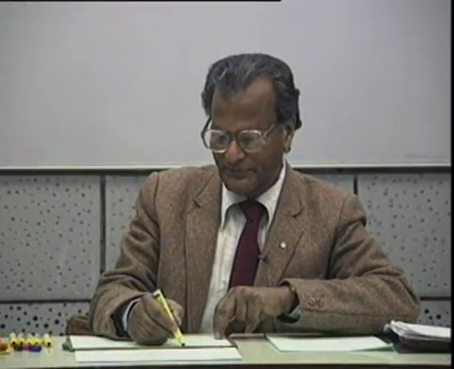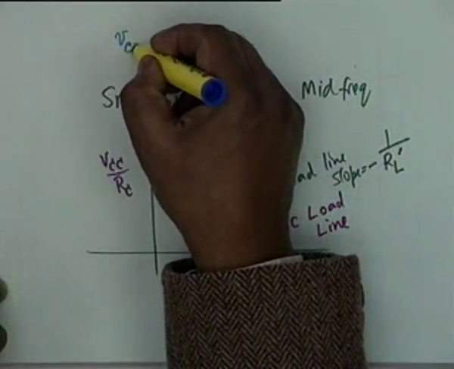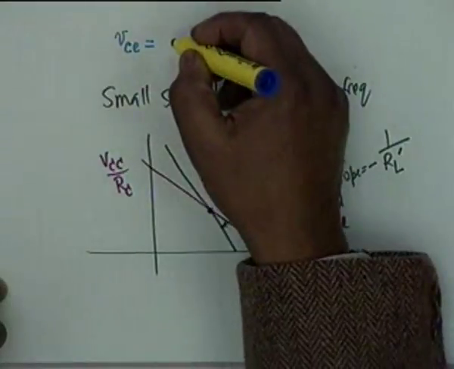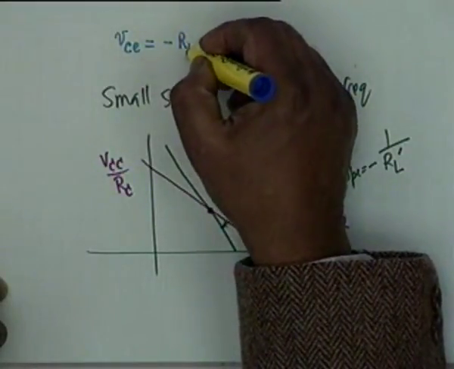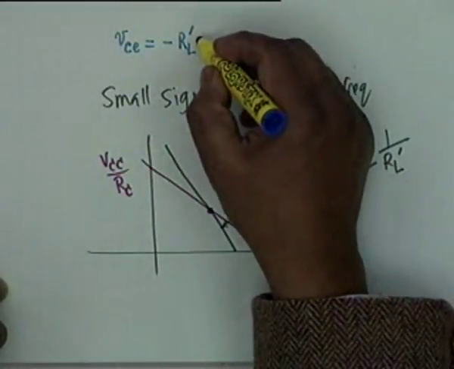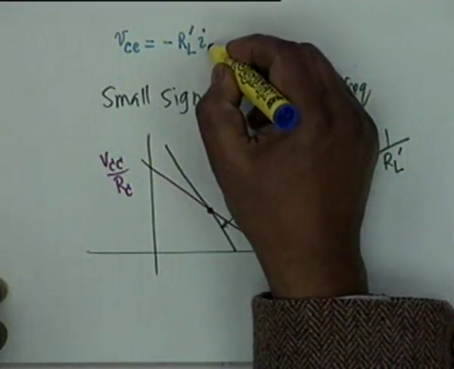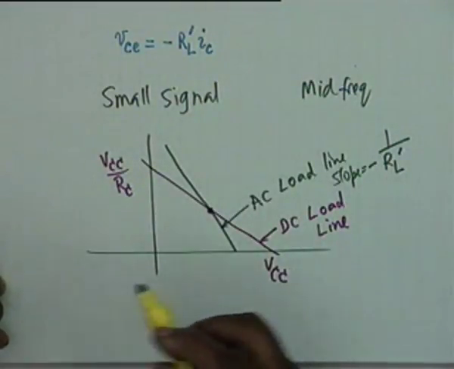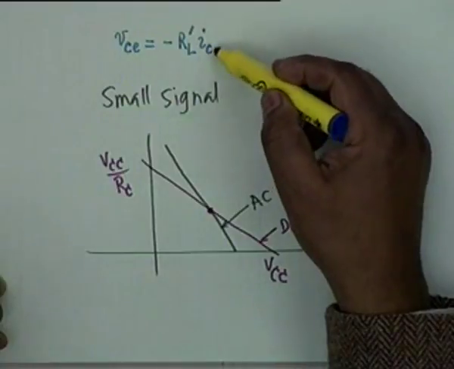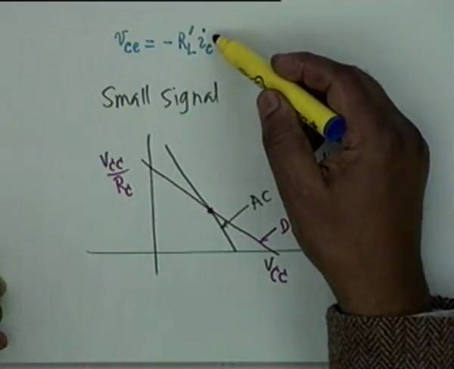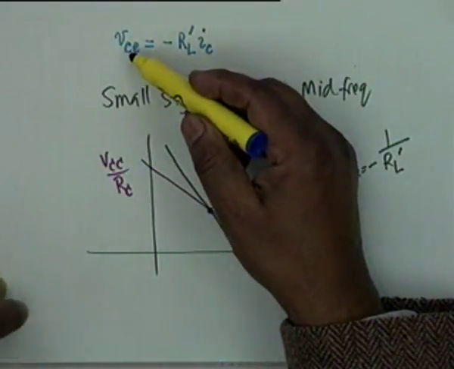The AC load line is described by this: small vce is equal to minus RL prime times small ic, which means that when the incremental current is 0, the incremental voltage is also 0.